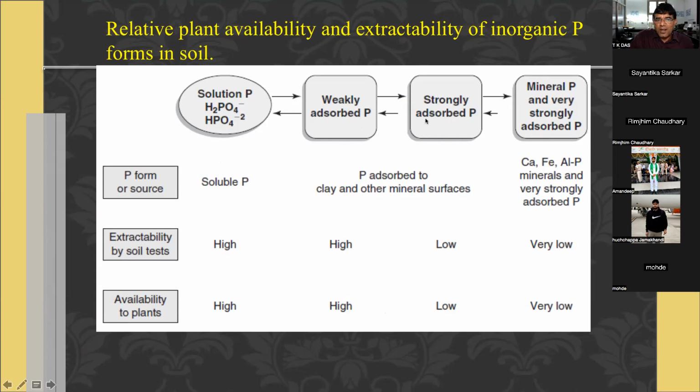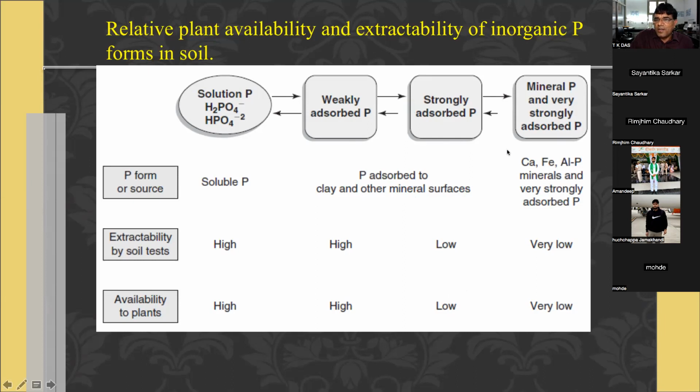It is not very much soluble, only slowly soluble. Strongly adsorbed phosphorus has low extractability and low availability. So these two, weakly adsorbed phosphorus and strongly adsorbed phosphorus, are adsorbed to clay and other mineral surfaces.